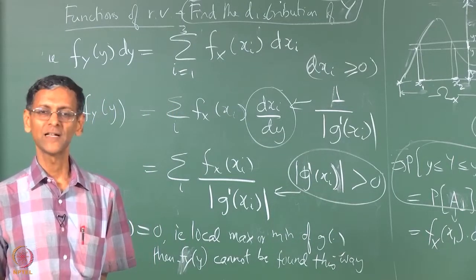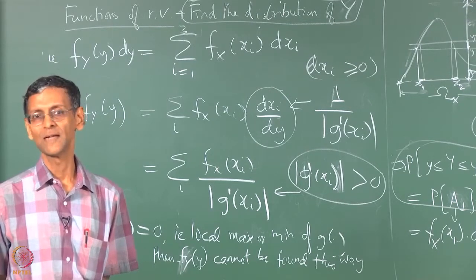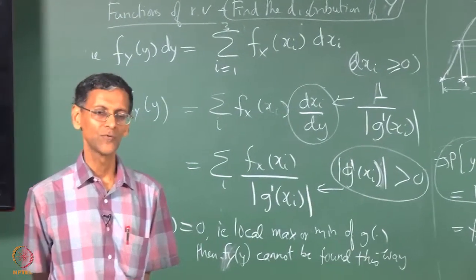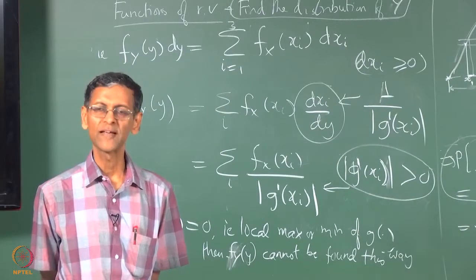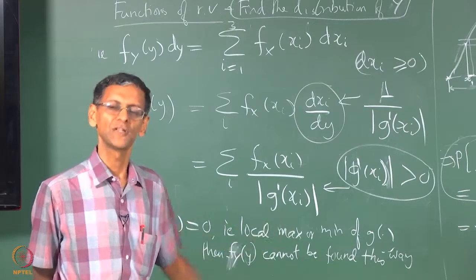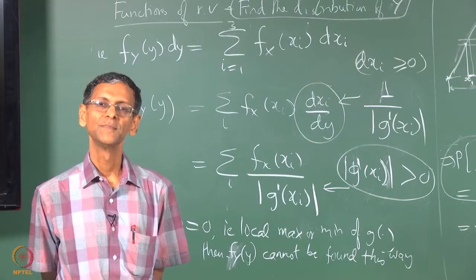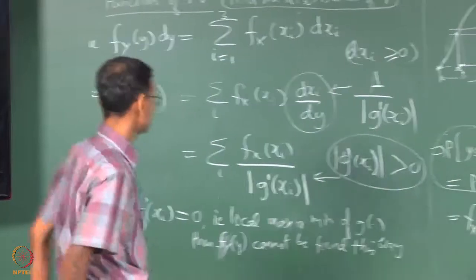We did one example when we talked about that arc sine PDF. We will come back to this again, that 1 by square root of pi into 1 minus x squared or something, that is going to come as a result of a transformation of a function.